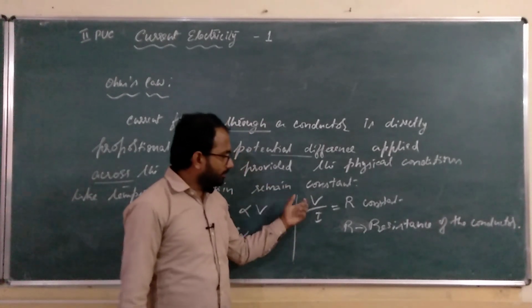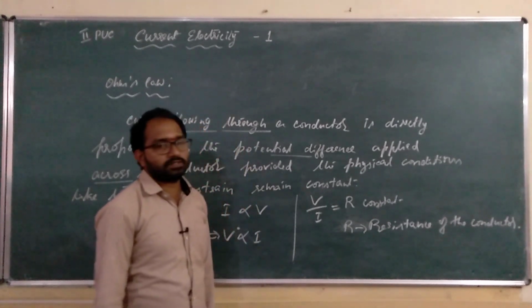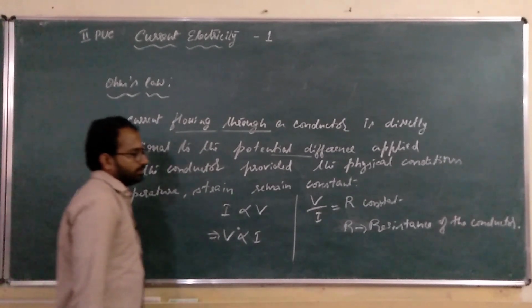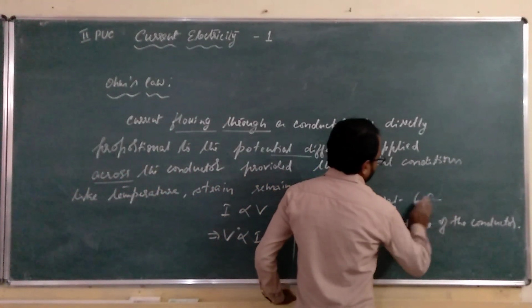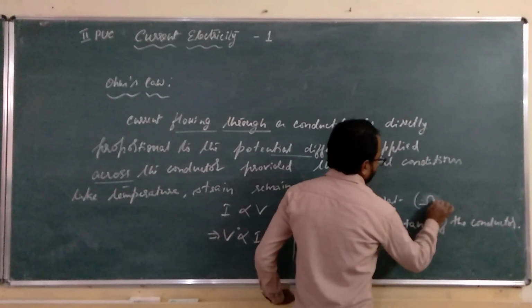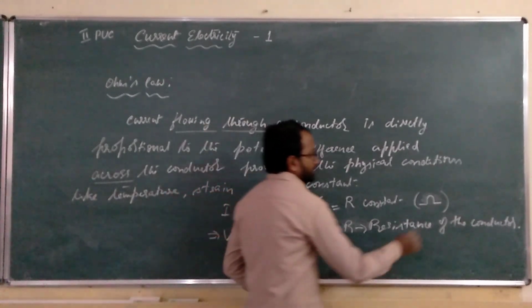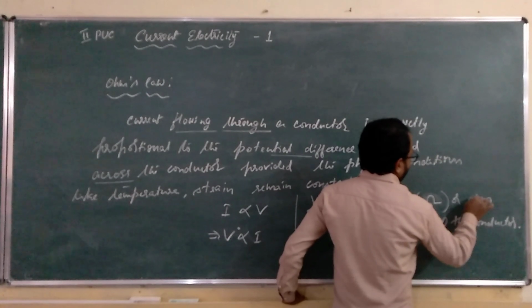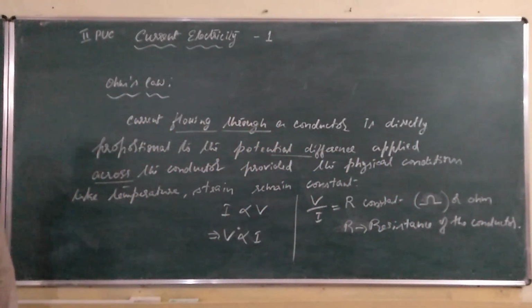So V by I always serves as the definition for the resistance of the material. What about the unit? The unit of resistance is ohm, written in small letters as ohm. That is the unit of resistance.